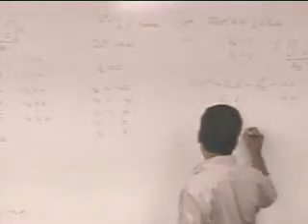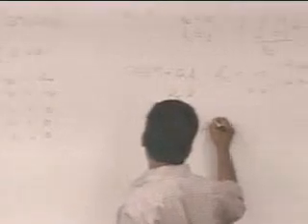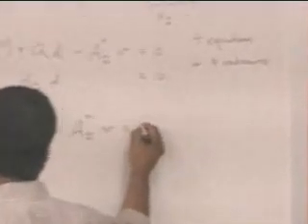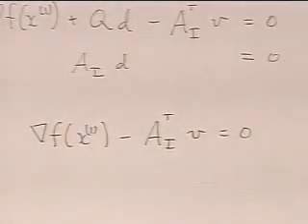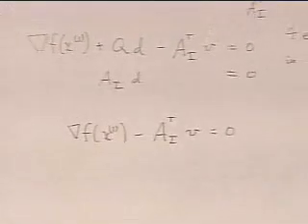What do I have here? I have here that the gradient at the point x1 minus the tight constraints transpose V is equal to 0. That's what I computed. And for all those V's that were not in my tight constraints, I put those V equal to 0.